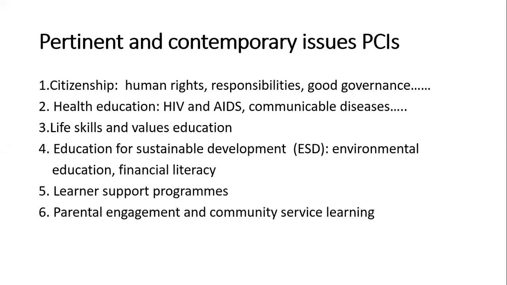So the pertinent and contemporary issues are straightforward, but we just need to remember they're the issues that affect the child's life, the learner's life, the community, how we relate socially, life skills and values, number 3. Number 4, education for sustainable development.